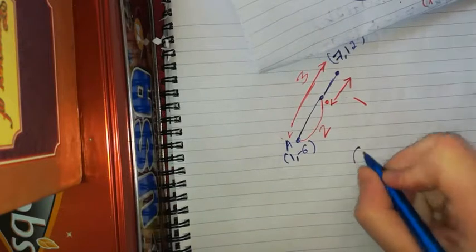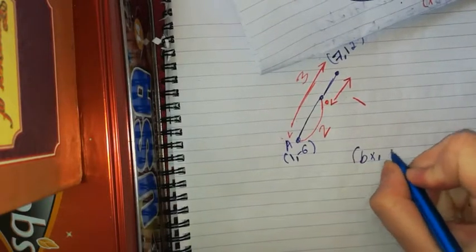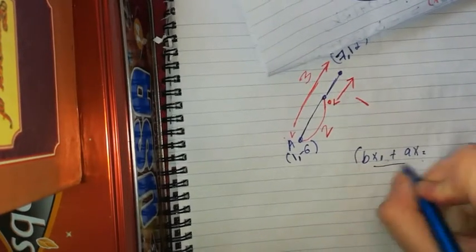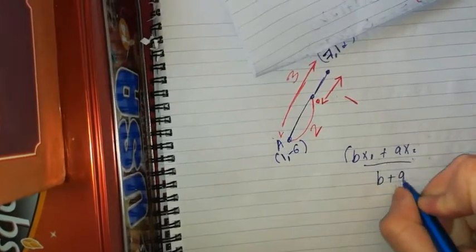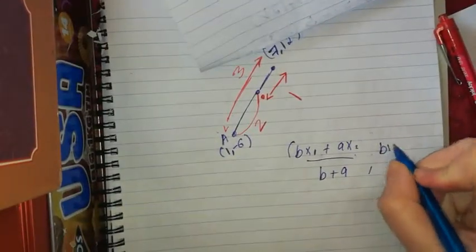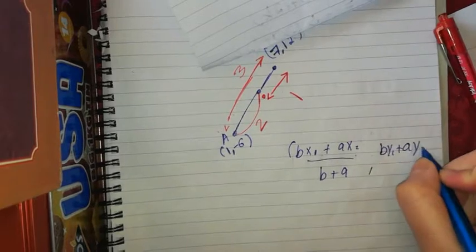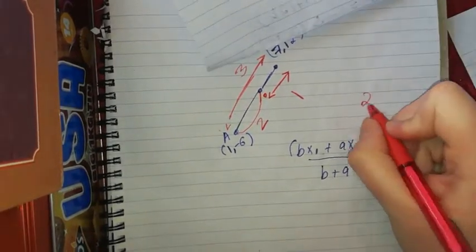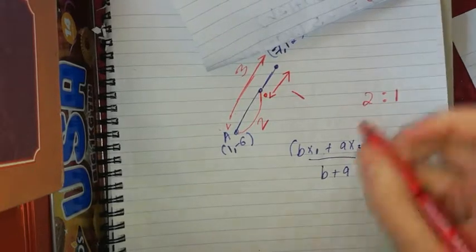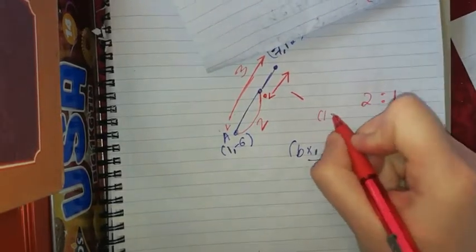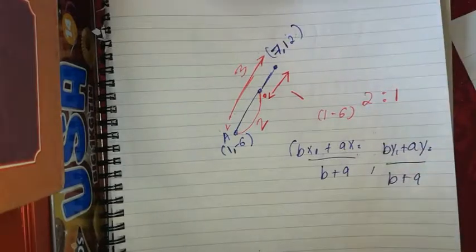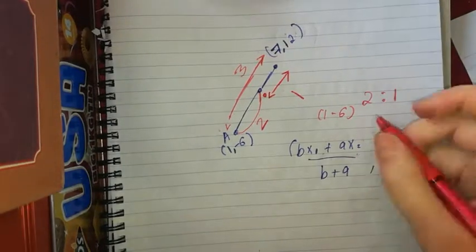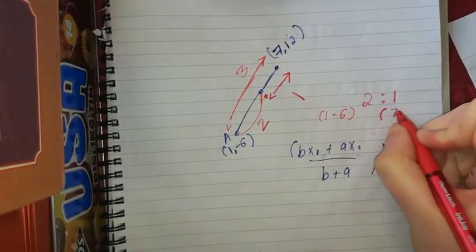And we can get the equation to divide it: (bx1 plus ax2) all over (b plus a). This is in our log tables, page 18. This is dividing a line in a given ratio. So the ratio we're dividing is 2:1, and our first point is (1, -6), and the second point is (7, 12).